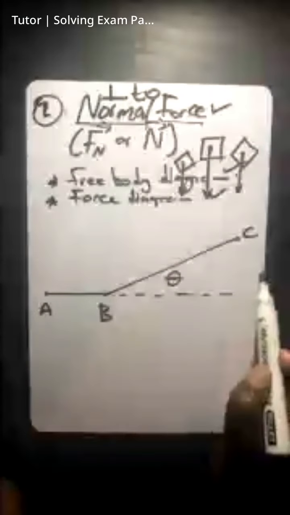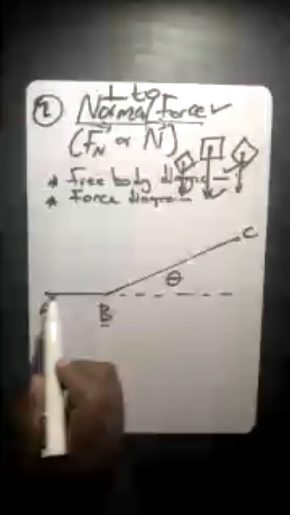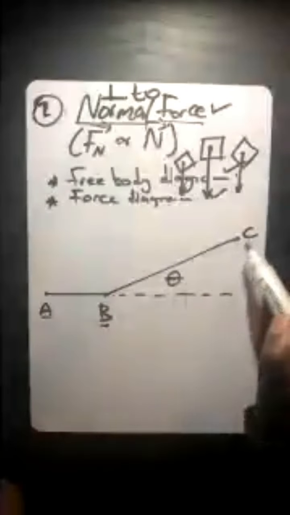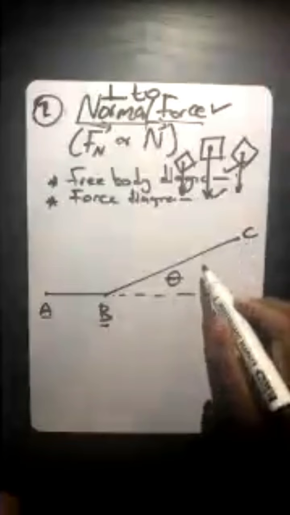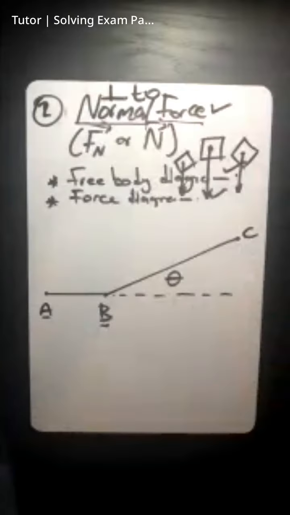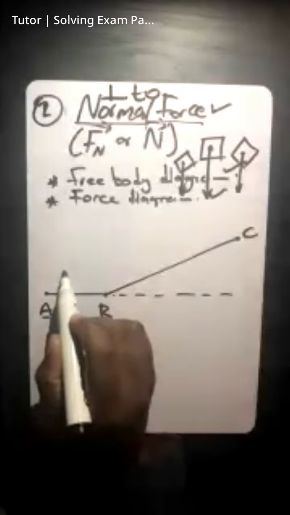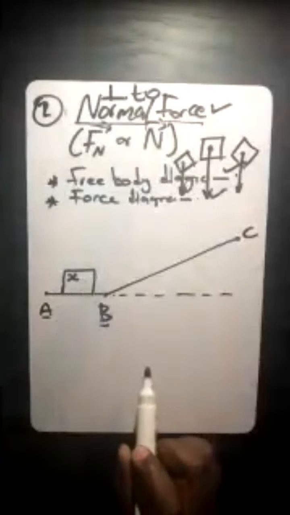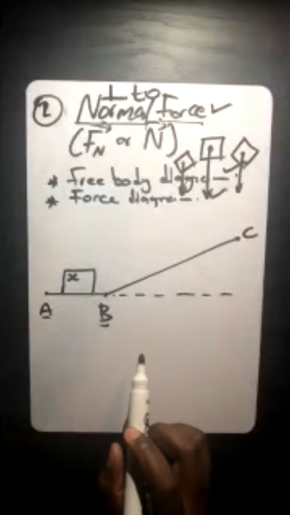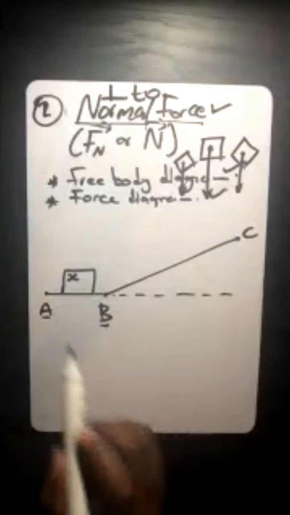So, we've got two portions of the surface. Portion AB is a horizontal surface. Part BC is an inclined surface forming that angle theta. So we've got a horizontal surface and an inclined surface. Let's say we have object X sitting on a surface.